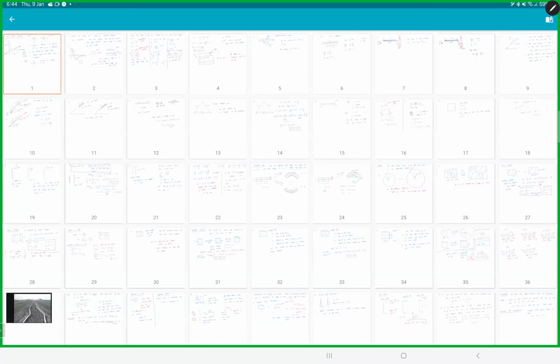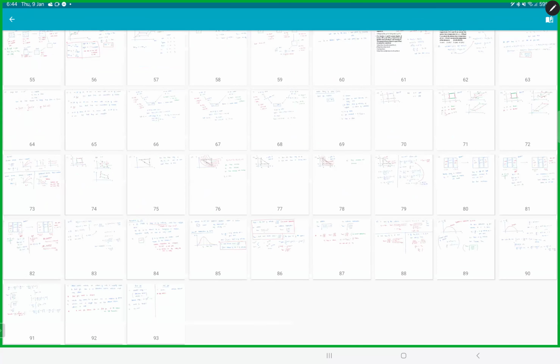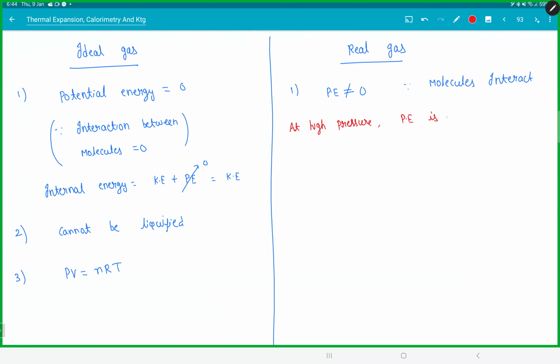So if you bring the molecules very close at high pressure, potential energy is positive. At low pressures, the molecules are a little far, the potential energy is negative. So potential energy depends on whether your pressure is less or more.